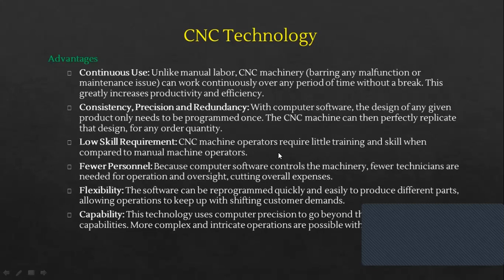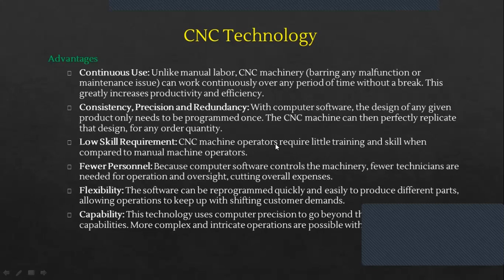If at all there is human intervention required, that is where you will require the skill, and not to manage the operation, because the CNC machine is controlling the operation, we are just monitoring it. That skill is what is required. So in that sense we can say low skill requirement, isn't it? Otherwise you have to have knowledge of how to operate the machine, isn't it? That is why I raised that point. Is that correct? So in one sense, yes, right?